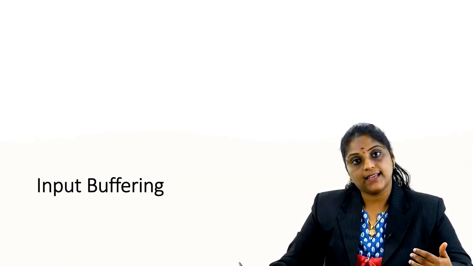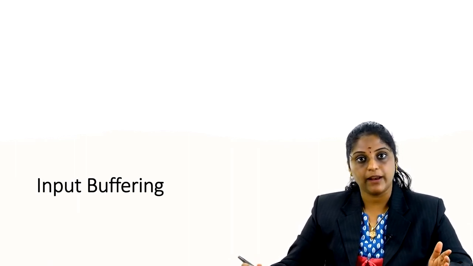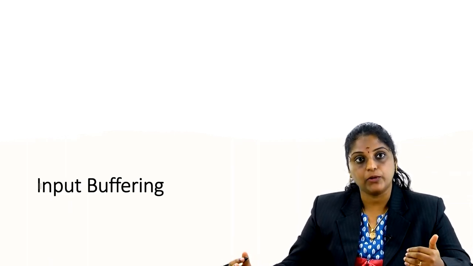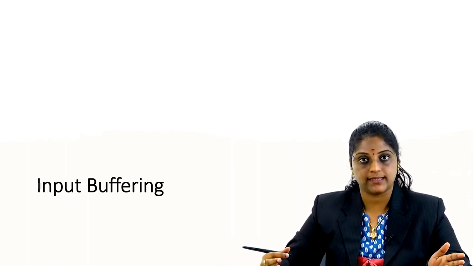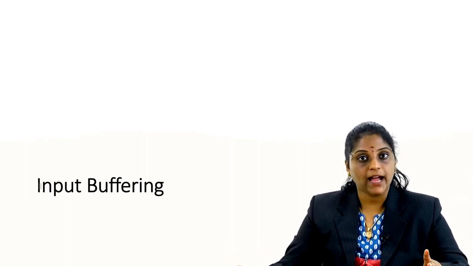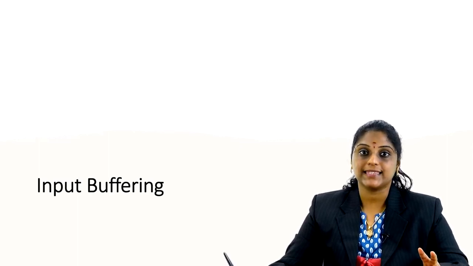Next, input buffering. We know that the lexical analyzer is involved in scanning the input from left to right. So while scanning, the scanned input has to be placed in some place. For that, we are using buffering techniques. To keep track of the scanning process, two pointers are used, forward pointer and lexeme begin.